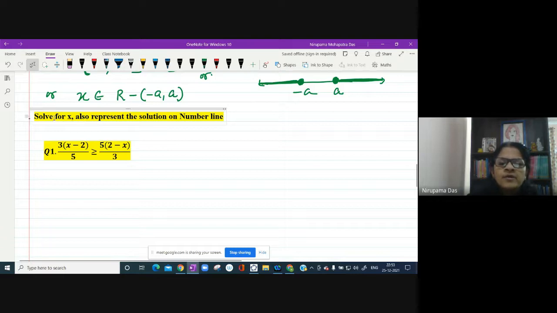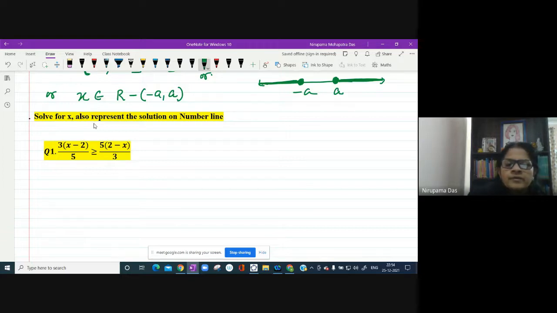But here I am writing solve for x, and I have also added this portion, represent the solution on the number line. First question is, 3 times (x minus 2) divided by 5 is greater than or equal to 5 times (2 minus x) divided by 3.